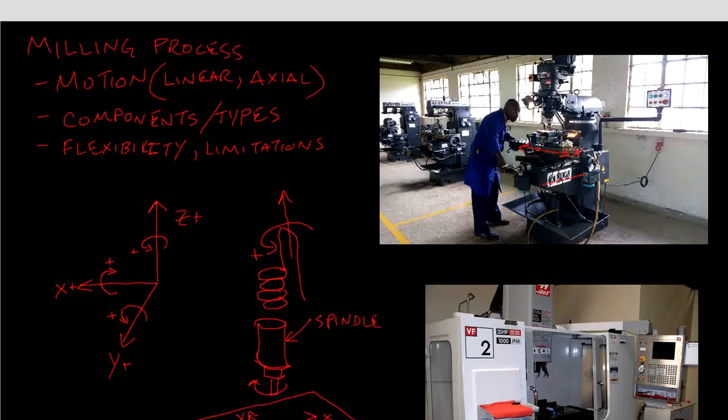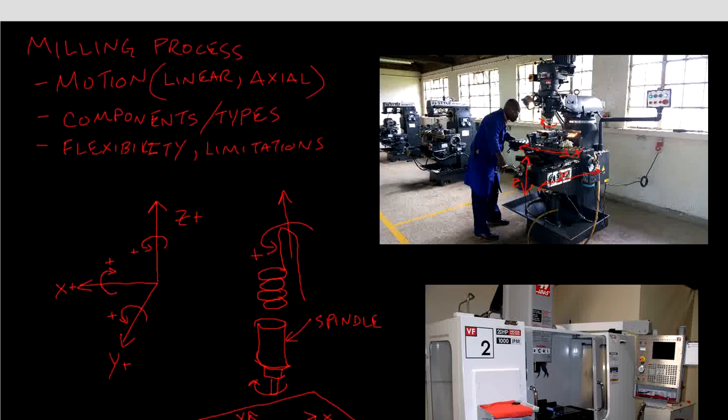You can move the table in the Y direction, back and forth. Depending on how this machine is set up, the table either moves up or the spindle moves down. I think most often the table moves up. So you can move the table up in the Z direction. And the spindle will rotate clockwise.